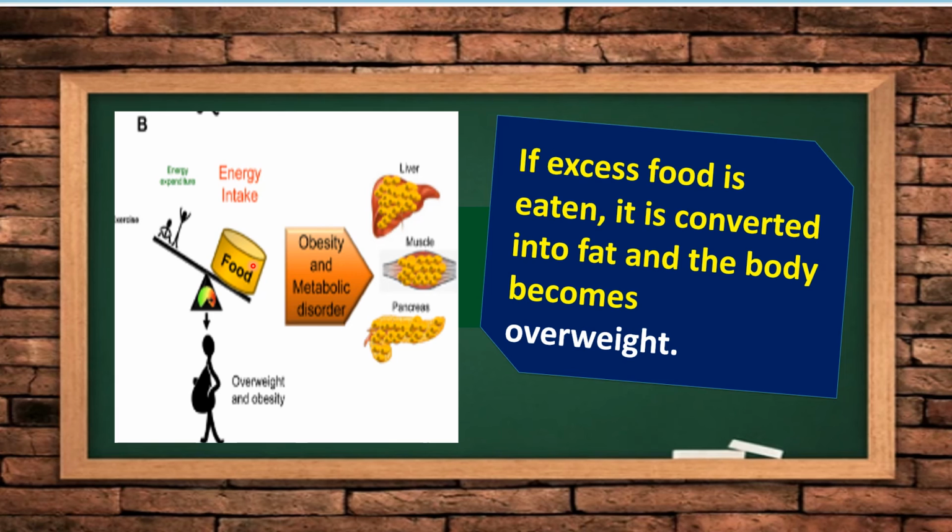And what do you think will happen? If excess food is eaten, meaning too much, it is converted into fat and the body becomes overweight. This is the reason if you eat too much food and the energy expenditure is not much, it may cause overweight.